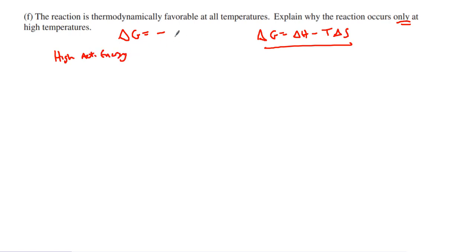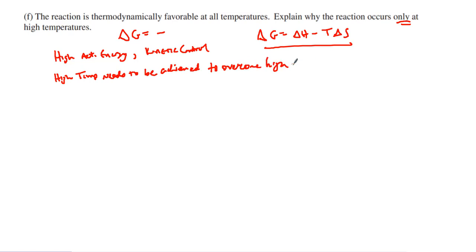It is known to be under kinetic control, which means that high temperature needs to be achieved so that it overcomes the high activation energy barrier.